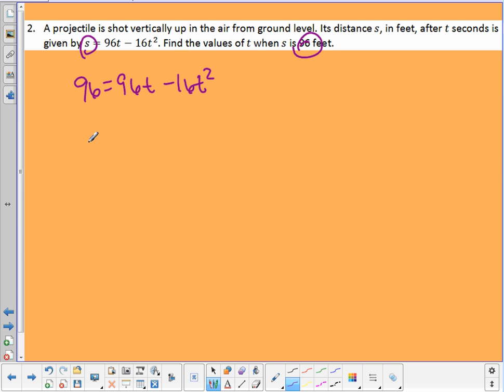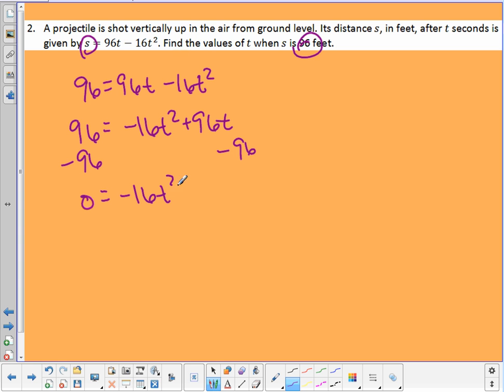Now, I don't know about you, but I really like it when my t squared term is in front, so I'm going to go ahead and rewrite that. That's going to be -16t squared plus 96t. Now it's in standard form, and now it's a little bit easier to work with. So then I need to subtract the 96 because it's got to be equal to 0. I can't solve it until it's equal to 0. So I got 0 equals -16t squared plus 96t minus 96.